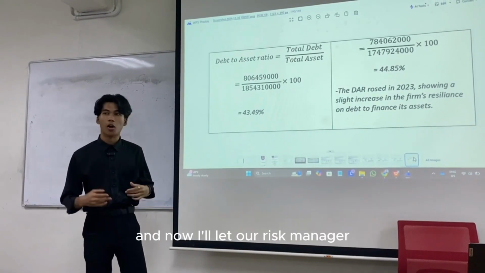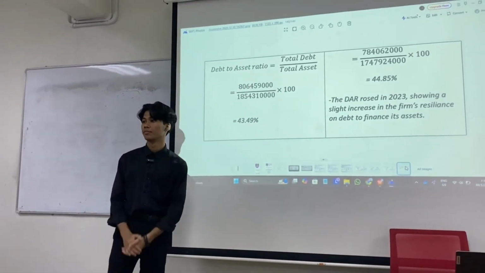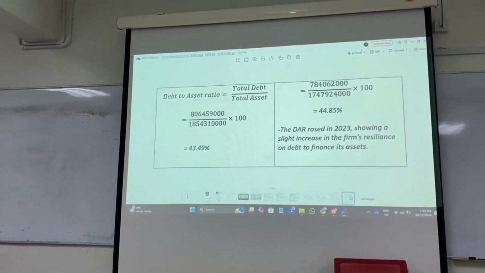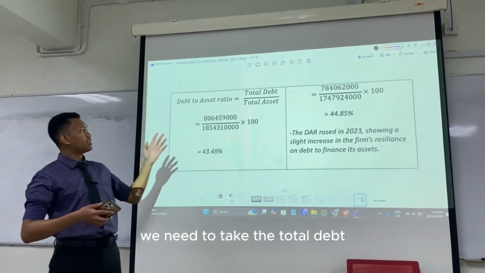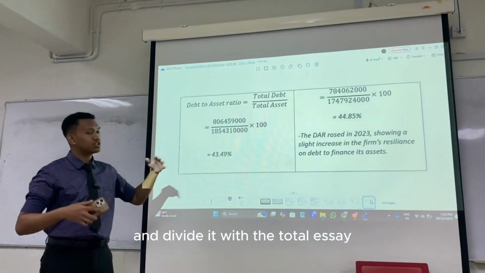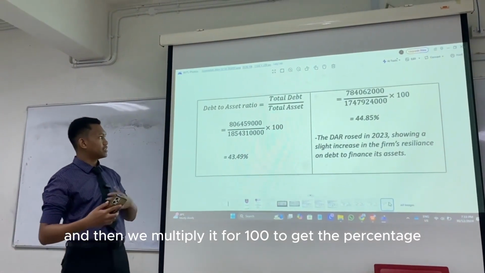Now I'll let our risk manager explain the debt to asset ratio. Okay, thank you. For the debt to asset ratio, we take the total debt and divide it by the total assets, and then multiply it by 100 to get the percentage.